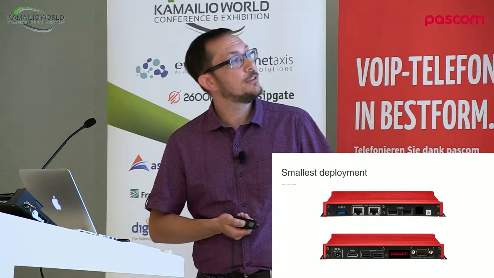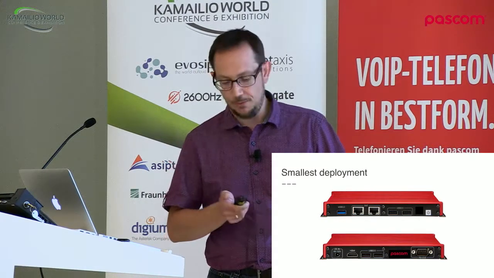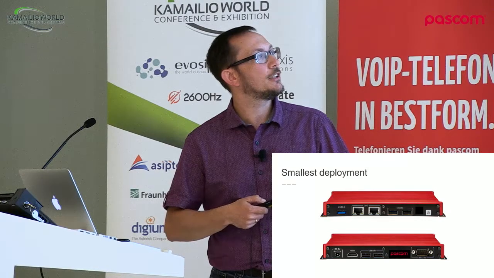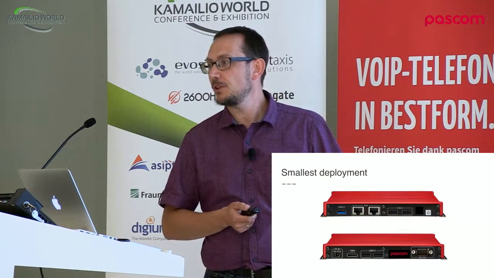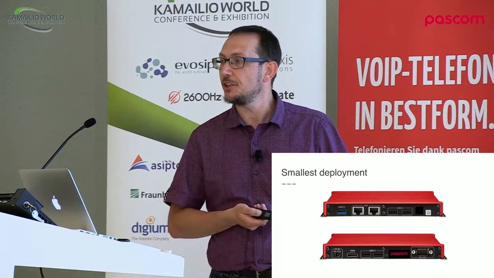And now we come back to this image that Mathias also had in his slides. It's the smallest deployment that we have. How small it is, you can see just by looking at this Ethernet port. So it's really a small box, but that doesn't mean that the customer needs to miss some features.